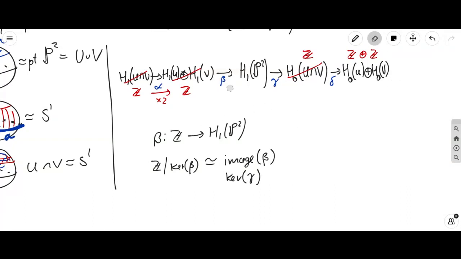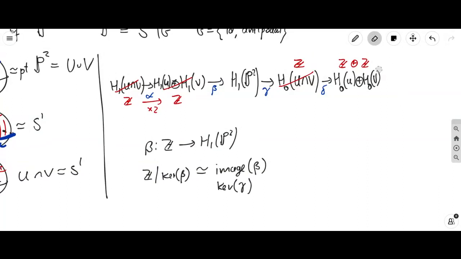So let me look at this again. I'm focusing on this map beta that takes us from Z into the first homology group of P2. By the first isomorphism theorem, Z mod the kernel of beta is isomorphic to the image of beta. And the image of beta is the kernel of gamma. Okay, that is correct.